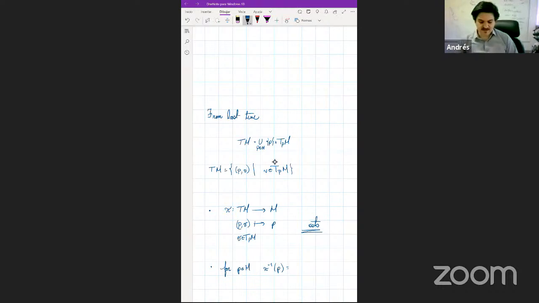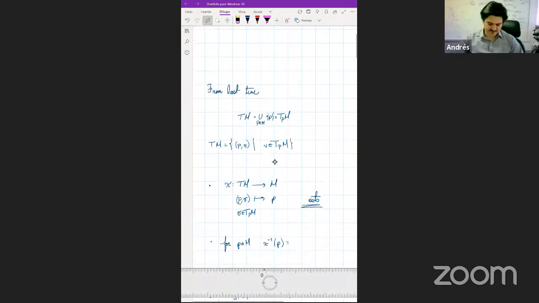So that's correct, but something that will be useful later on. So let me write it like this. The preimage has the structure of a vector space.